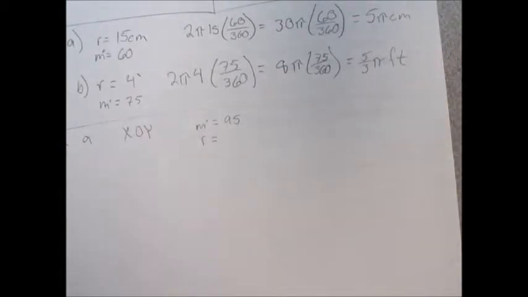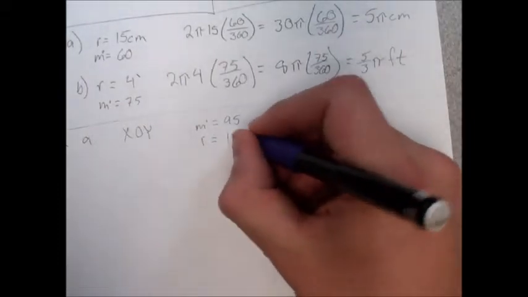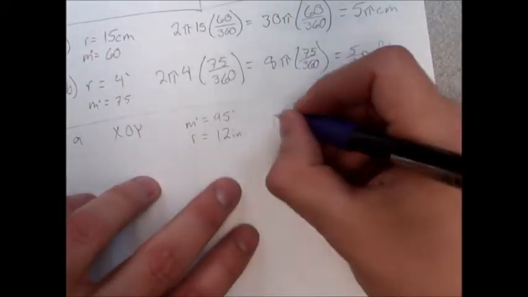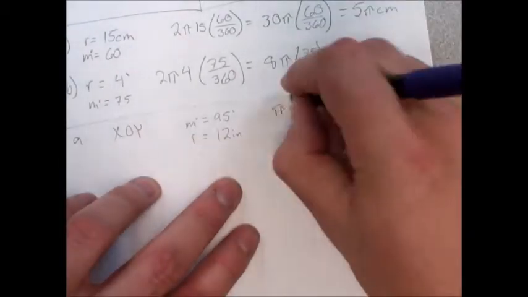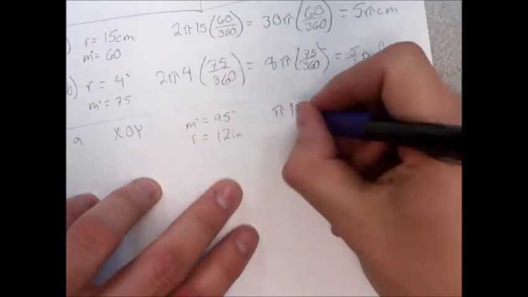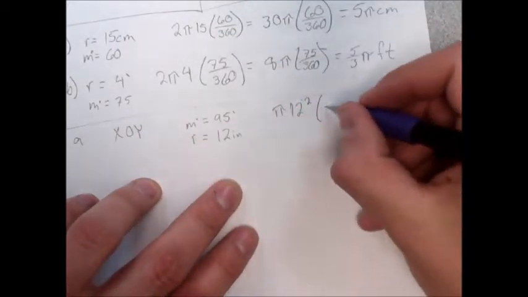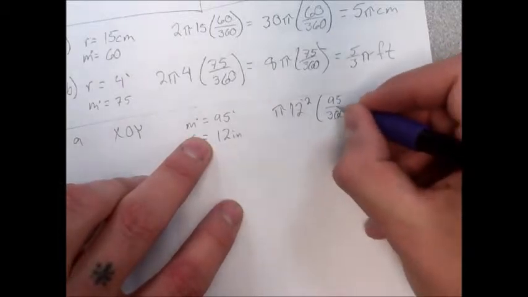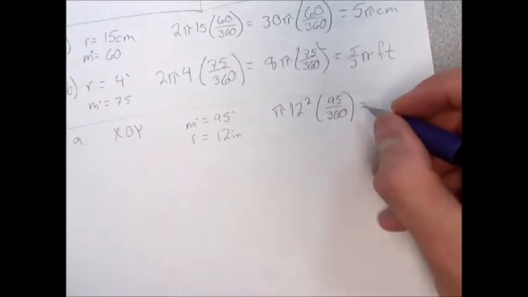On part A again, what is the radius? 12 inches. Okay, so 95 degrees and 12 inches. I plug in. Here we go. Pi r squared, which is 12 squared, multiplied by the measure of the angle, which is 95 over 360. Using my calculator, I can get these answers really quickly.